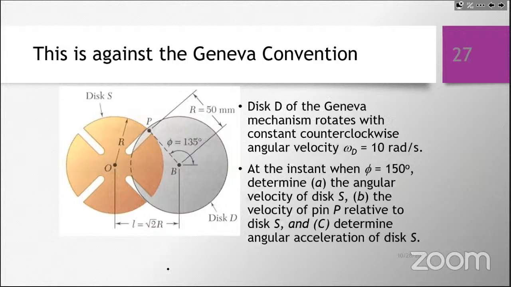This is our turntable, like in the video, and there's some pin on the turntable, rigidly attached to it, but we want to track how this point on this disk moves in relation to this frame. Okay, so let's see what we can do.